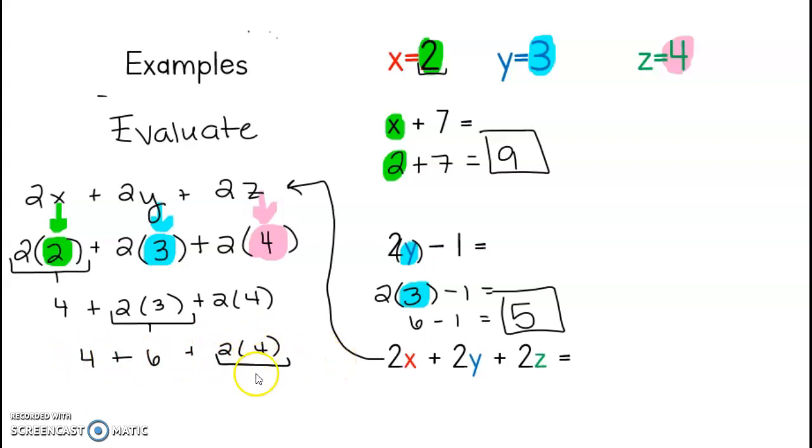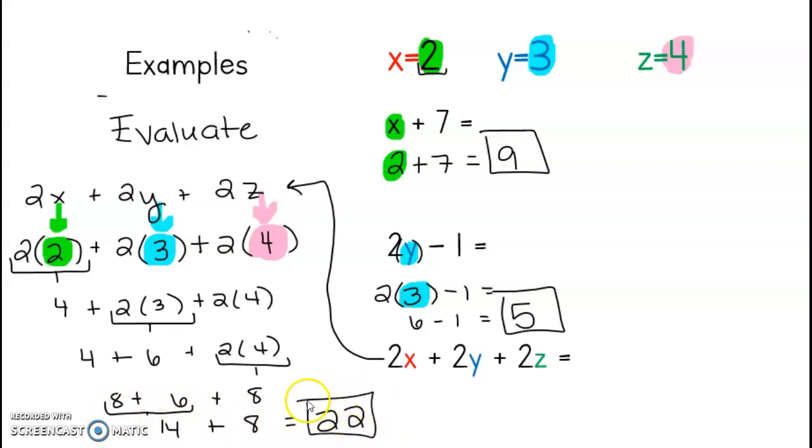And then I still have multiplication and division here. So that's 8. Now I'm going to do 8 plus 6. And 8 plus 6 is 14. And then I do 14 plus 8 more, which is 22.